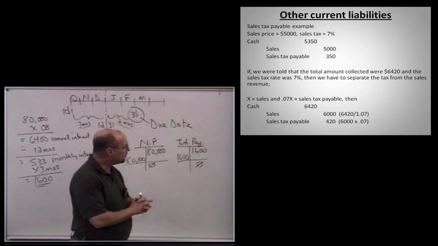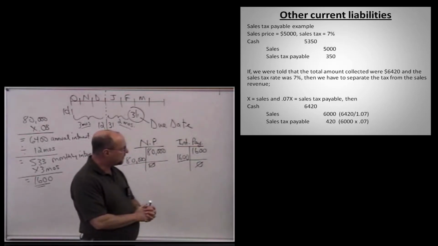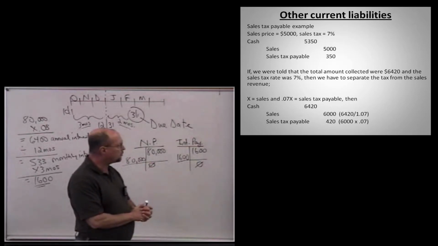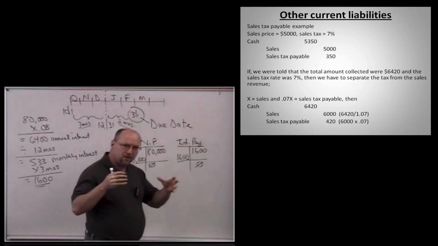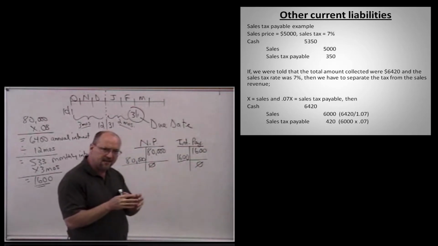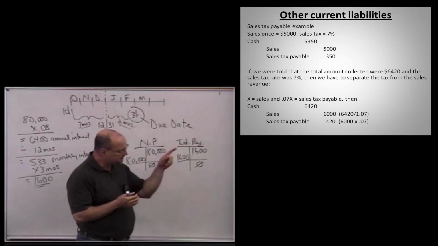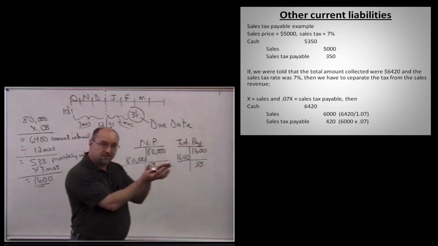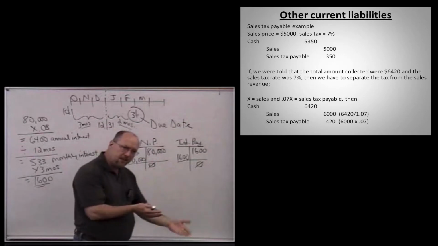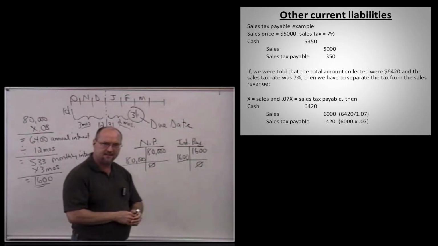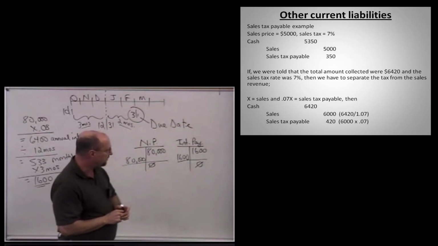If we were told that the total amount collected was $6,420, so what they did was they put sales and sales tax together and said, here's $6,420, we need to figure out, well, how much of that $6,420 is the sales price and how much of it is the sales tax. So here's how we would do that, okay?